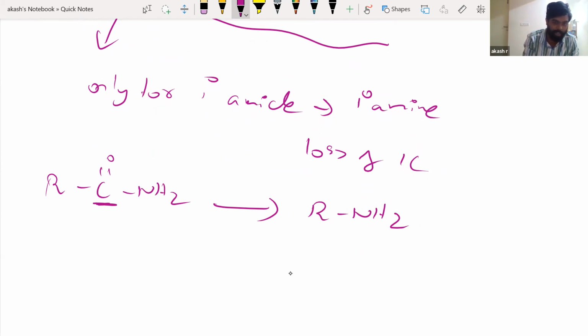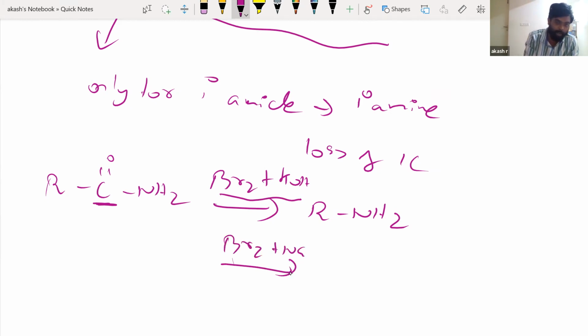And the reagent you'll use here is Br2 in the presence of KOH. Bromine, that is Br2, and your KOH. Sometimes they can give it as Br2 in the presence of NaOH. That is also okay instead of KOH.